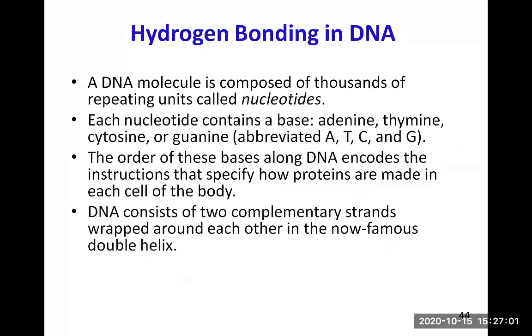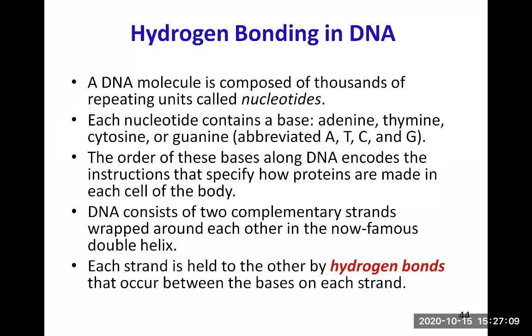And so DNA consists of two complementary strands wrapped around each other in the now famous double helix. Each strand is held to the other by hydrogen bonds, and they occur between the bases on each strand. So hydrogen bonds are very important for the molecule of DNA. It gives its double helix structure.